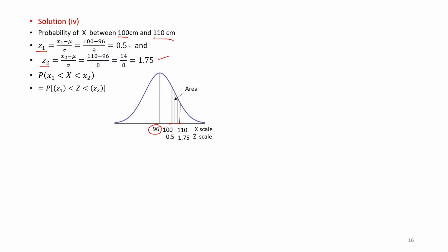So once you draw this, possibility of making mistakes will be less. Then just below this, you find out the values of Z and write the values of Z, 0.5 and 1.75 as it is written here. So Px lying between x1 and x2 is equal to Pz lying between z1 and z2.